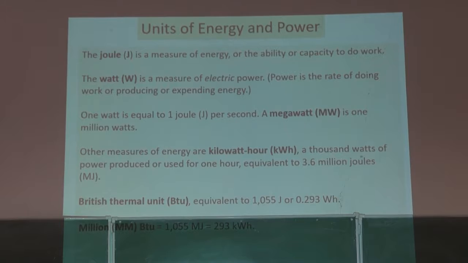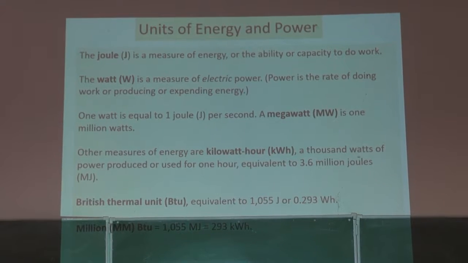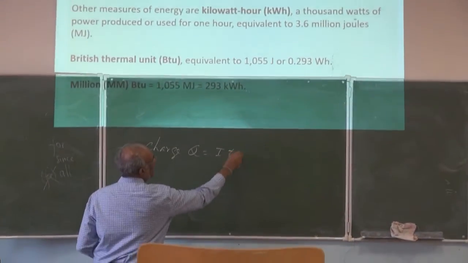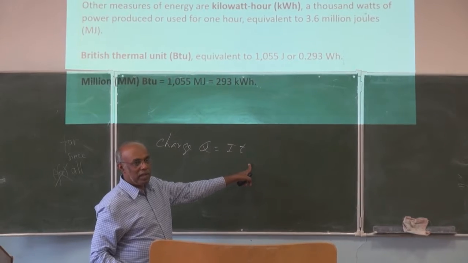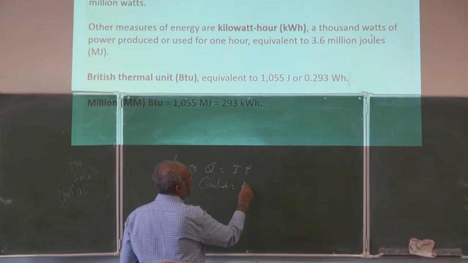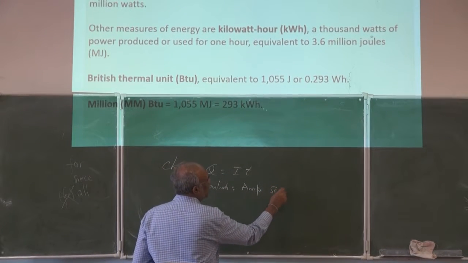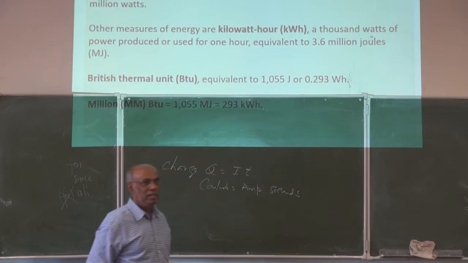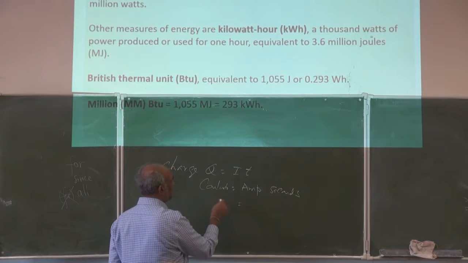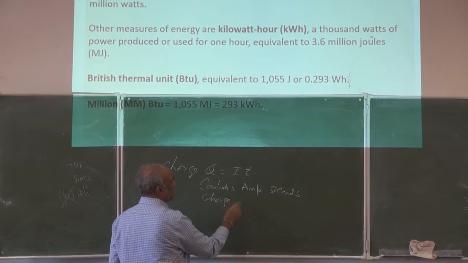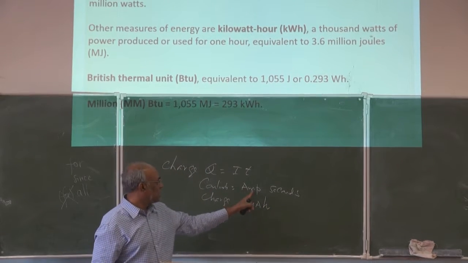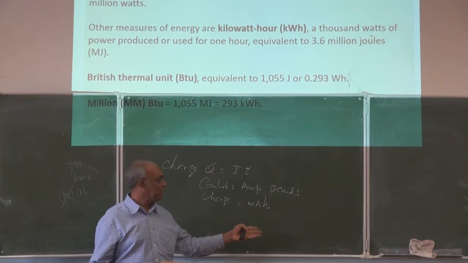Charge Q is typically current times time, right? So this is Coulomb, in ampere times seconds. But in battery technology, usually your charge is given in milliampere hour. It's the same thing: current and time, that's charge.